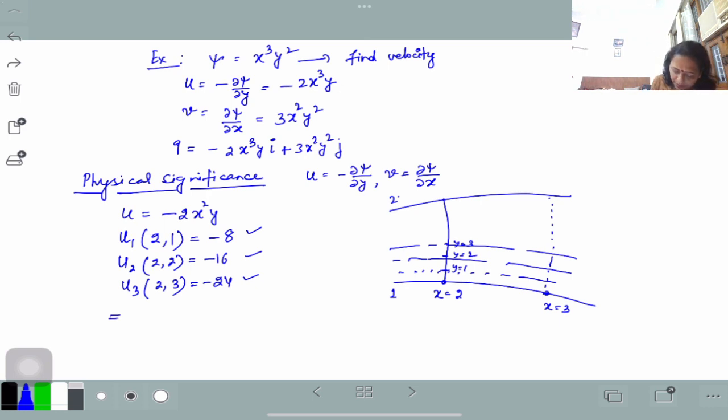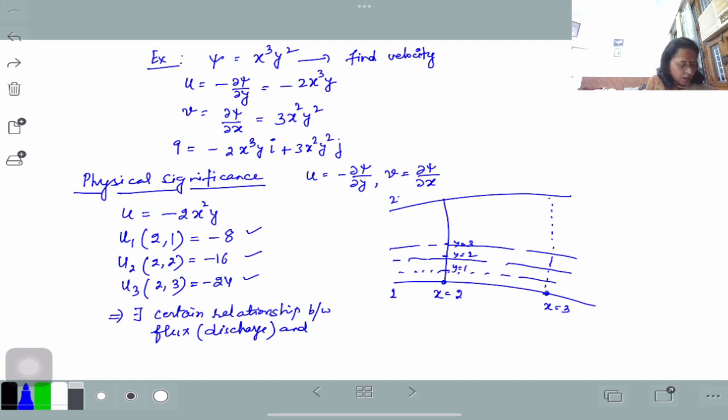So this implies there exists a certain relationship between flux, or you can say discharge, and space coordinates, or you can say the positions on the streamlines.